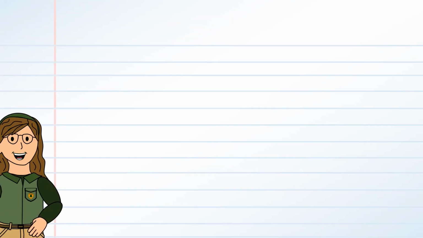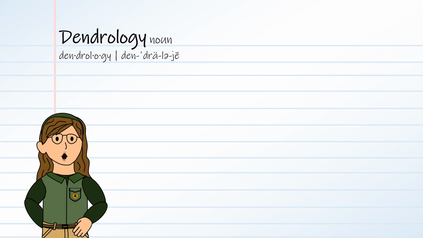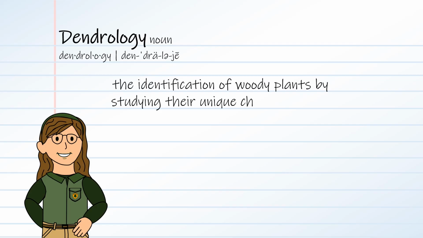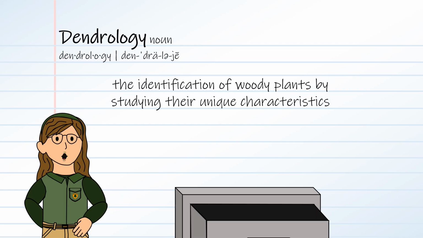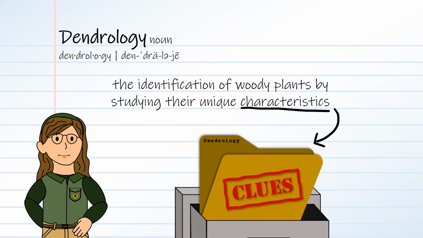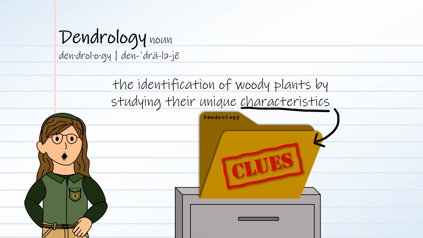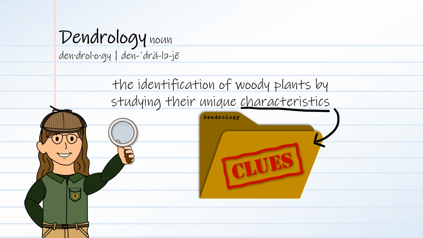First, let's define dendrology. Dendrology is just a fancy word for the study of trees. To be specific, dendrologists focus on the identification of woody plants by studying their unique characteristics. Think of these characteristics like clues, and think of us, dendrologists, as detectives.